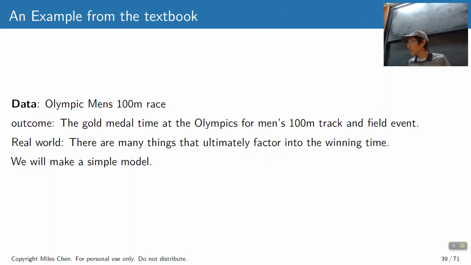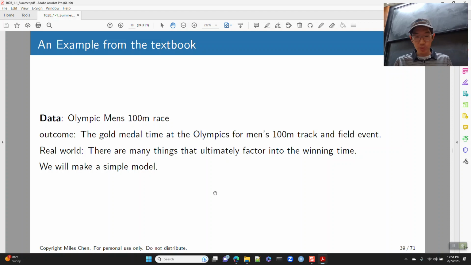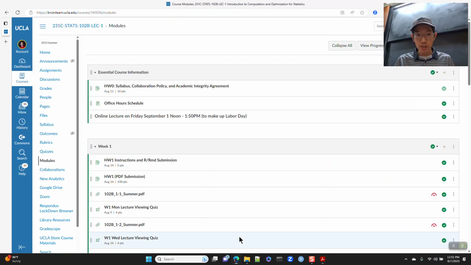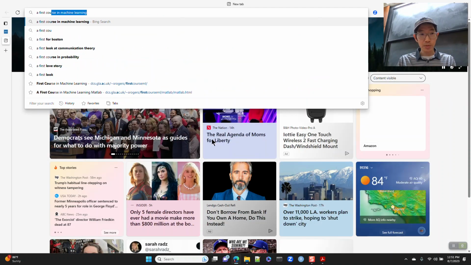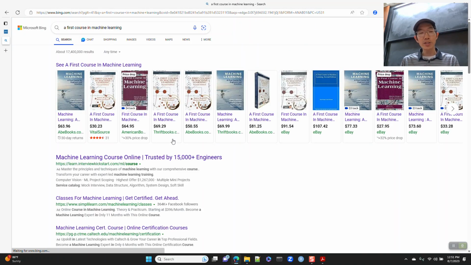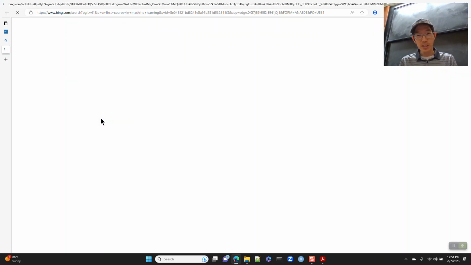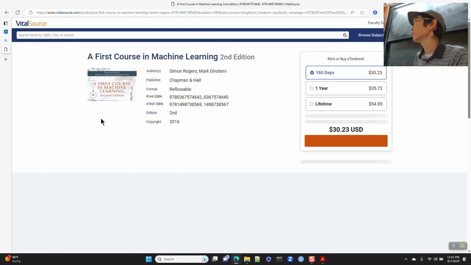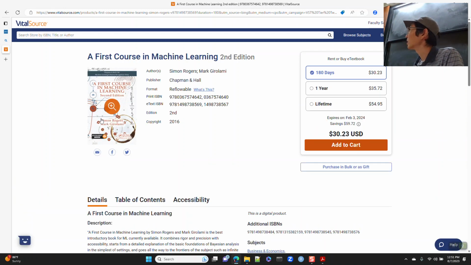Okay, so let's look at a simple example from our textbook. I'm sorry, we have a textbook, and it is called A First Course in Machine Learning. I usually try to get textbooks that are free, but I couldn't find one that was free.